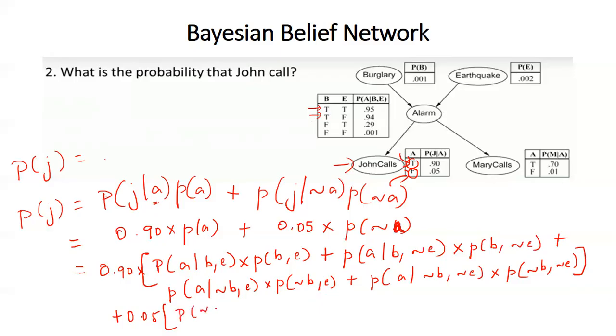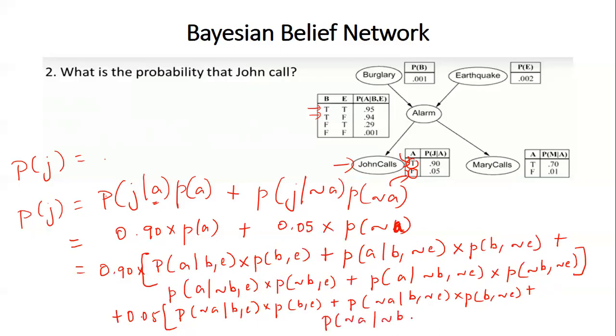The probability of not having an alarm given that there is a burglary and earthquake, into the probability of having a burglary and earthquake, plus the probability of not having an alarm given that there is burglary and no earthquake, and the probability of having burglary and no earthquake, plus the probability of not having an alarm given that there is no burglary and earthquake, and the probability of having no burglary and earthquake, plus the probability of not having an alarm given that there is no burglary and no earthquake, into the probability of having no burglary and no earthquake, right?